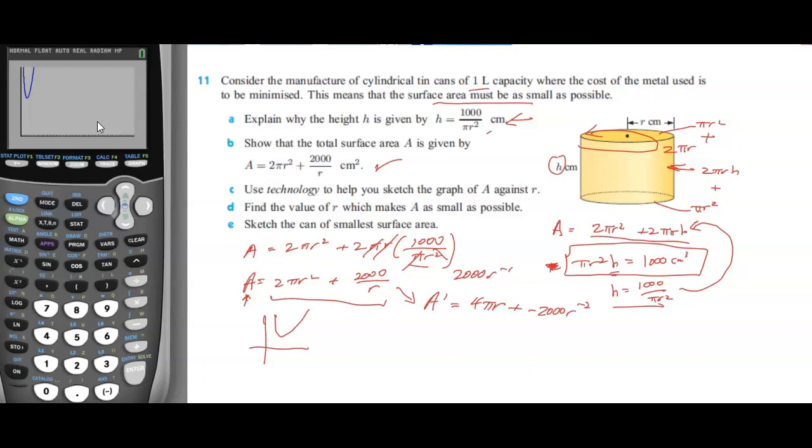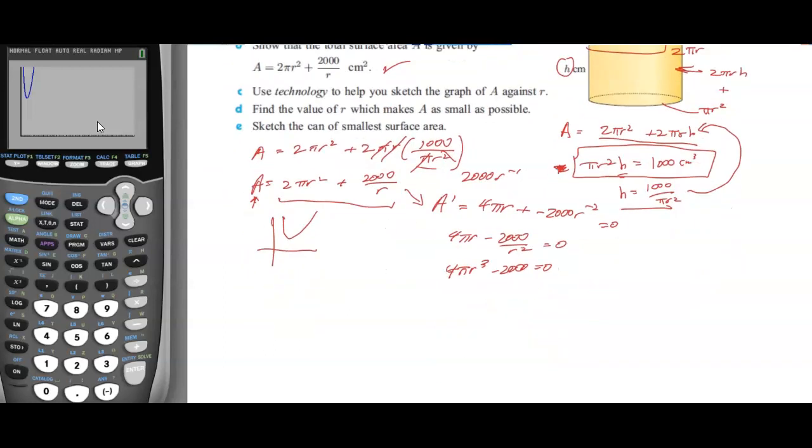And then we can set that equal to 0. So we'll have 4 pi r minus 2,000 over r squared equals 0. Multiply everything by r squared so that we can get that out of the denominator. It would be 4 pi r cubed minus 2,000 equals 0.